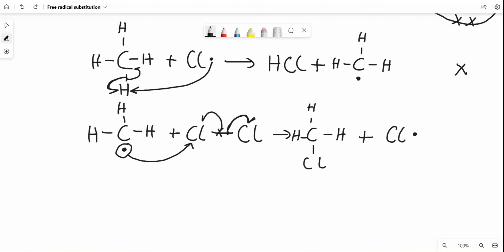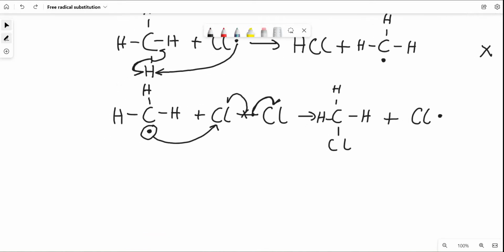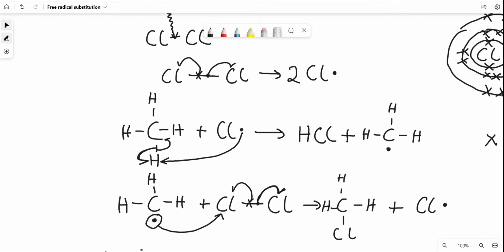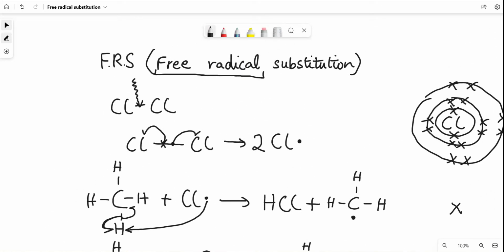So there's a chain reaction that occurs because of this, and this keeps going until there's a termination reaction. And termination is basically, oh, I forgot to mention that all these steps that we just saw are the propagation. The initiation is the breaking of the Cl bond.